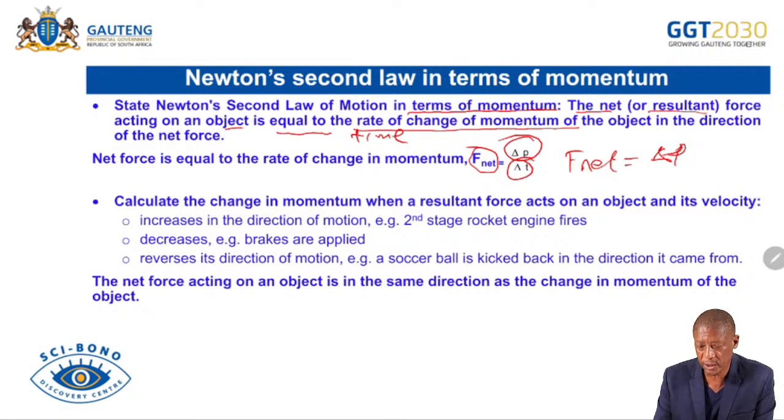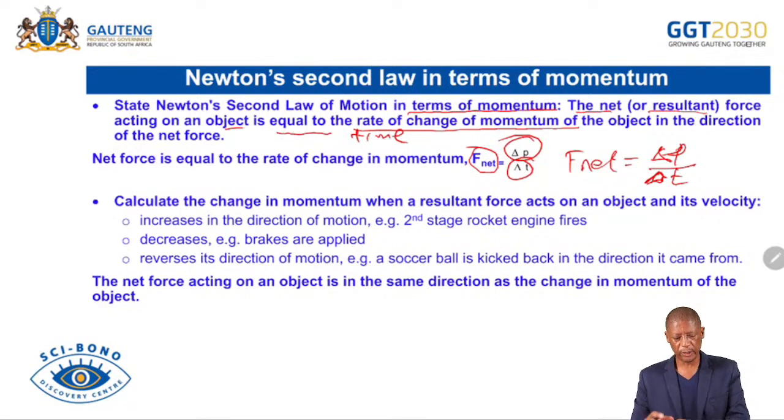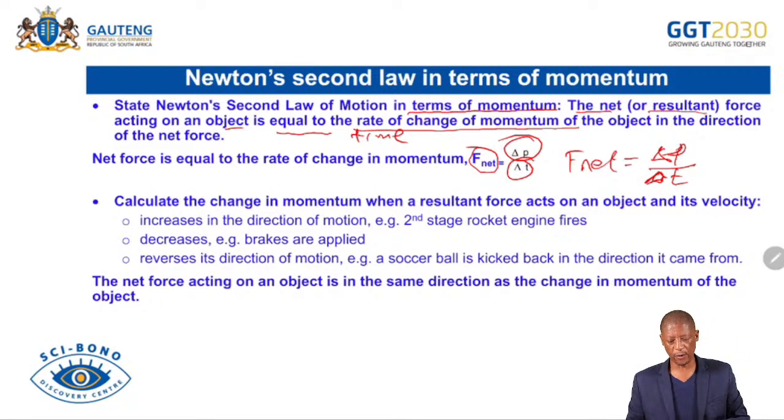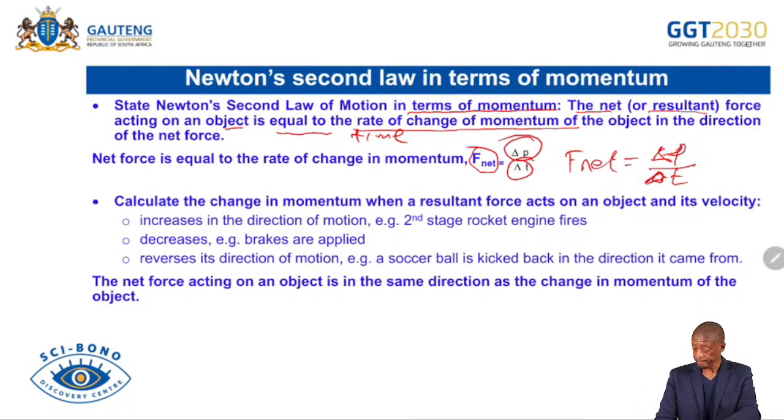It's a change in momentum, over delta T, which is the rate. All right? This is the formula we are going to talk about. It's going to help you when we come to the practicality of applying the law.